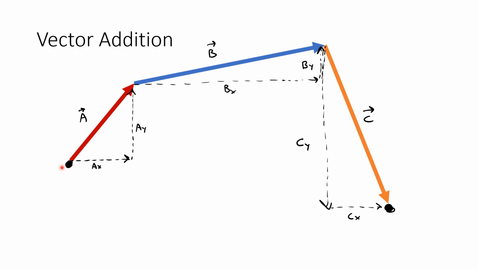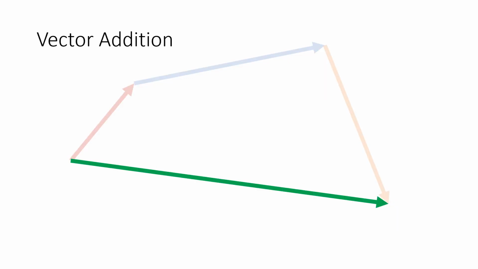In order to go from this point to this point, I go A y up, and then B y has me go up a little bit more, and C y brings me back down by that much. So that's why I'm showing you breaking them into components and then combining them gives me a vector that looks like this.